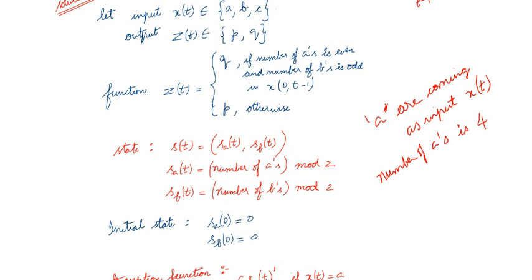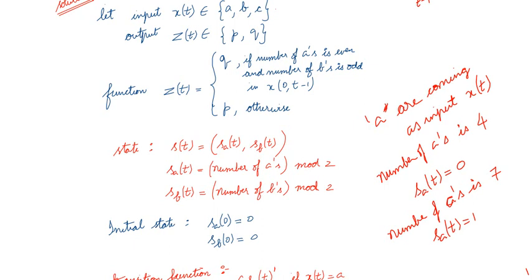So your SA of t is 0. Suppose the number of a's is 7. 7 a's are coming at the input. If 7 mod 2, what is the remainder? 3 times you can divide, so we get 6. Remainder is 1. Mod gives the remainder, so SA of t is equal to 1 now.